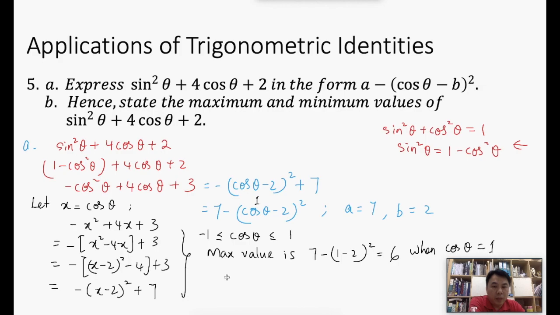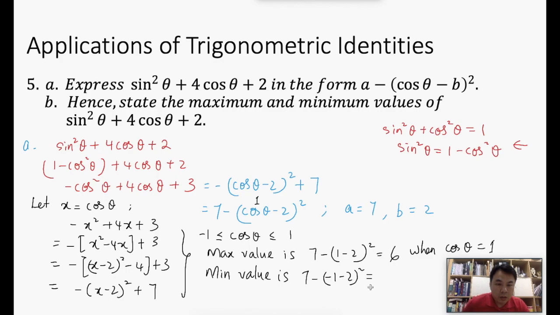Okay. And then next, because the trigonometry functions fluctuate to maximum and minimum, what will be the minimum? You will get the minimum when this part is the largest. The largest that you can get is 7 minus negative 1 minus 2 squared, which is negative 3 squared.